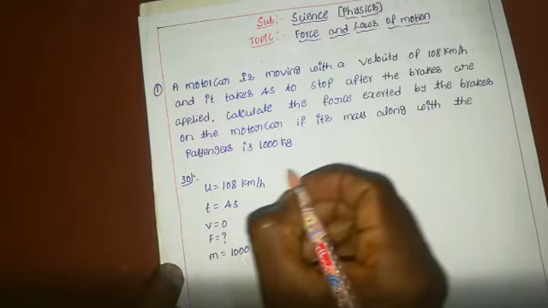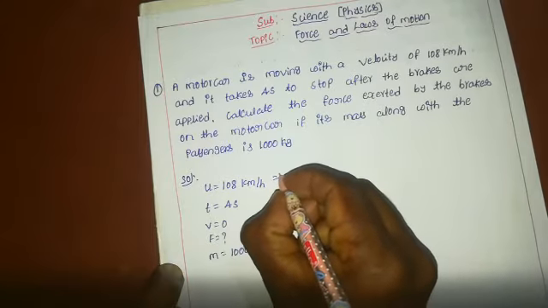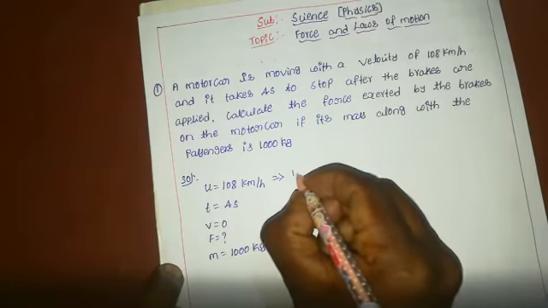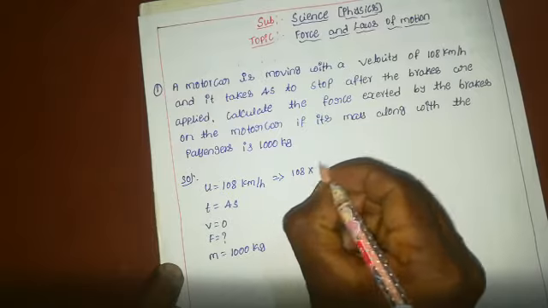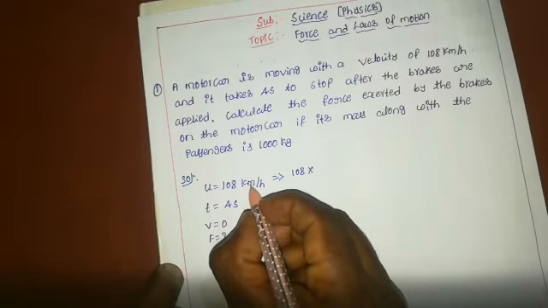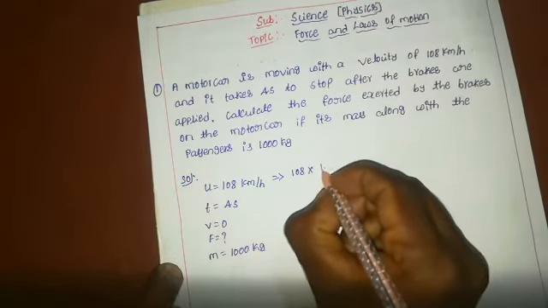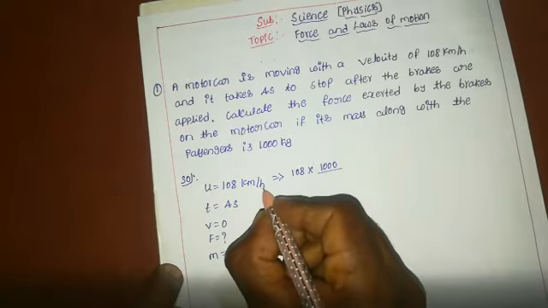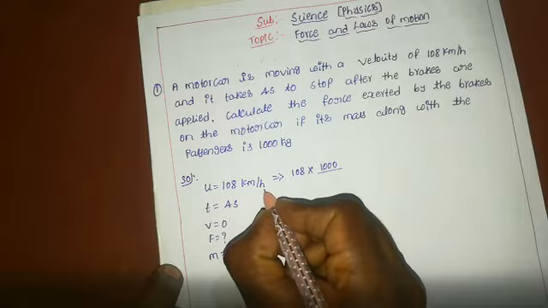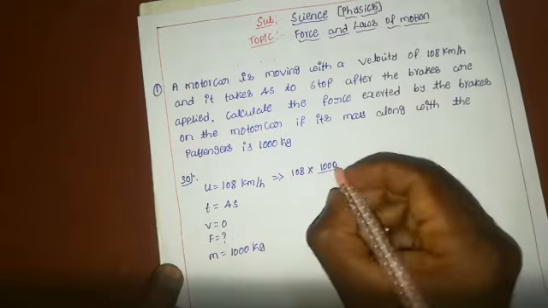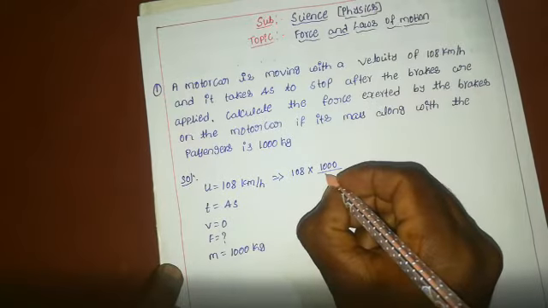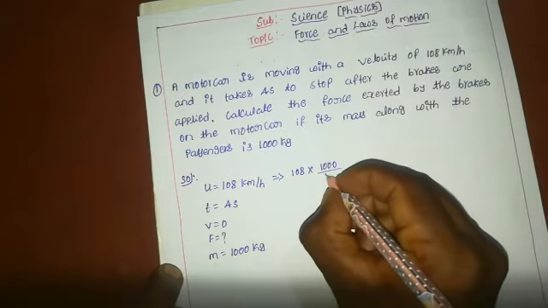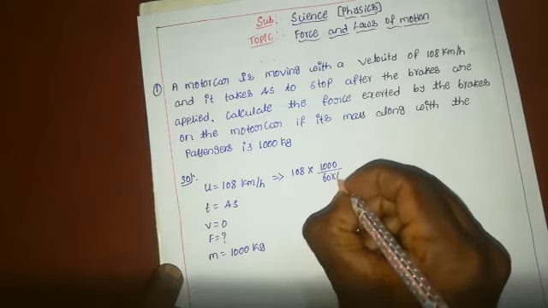How do we convert kilometer per hour into meter per second? We know that 108 into, for 1 kilometer how many meters? 1000 meters. Divided by, for 1 hour how many seconds? For 1 hour how many minutes? 60 minutes. For 1 minute how many seconds? 60 seconds, that is 60 into 60.